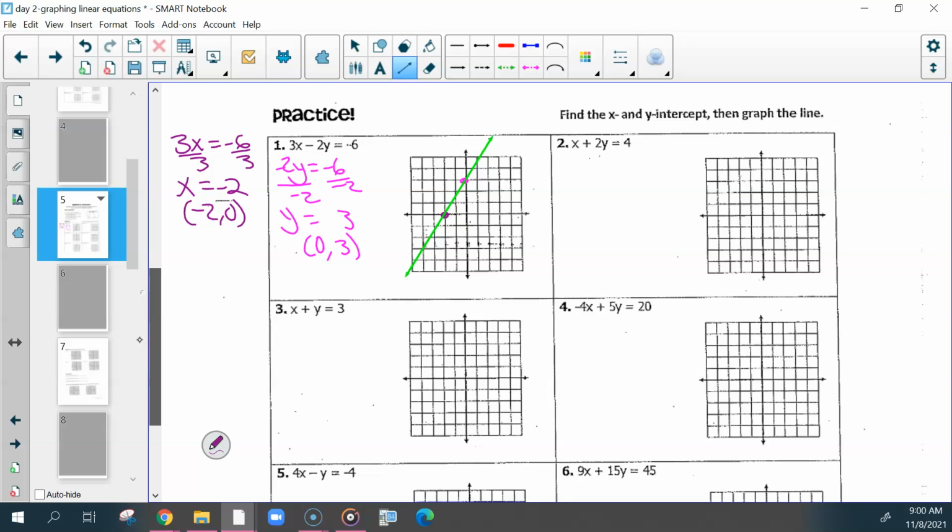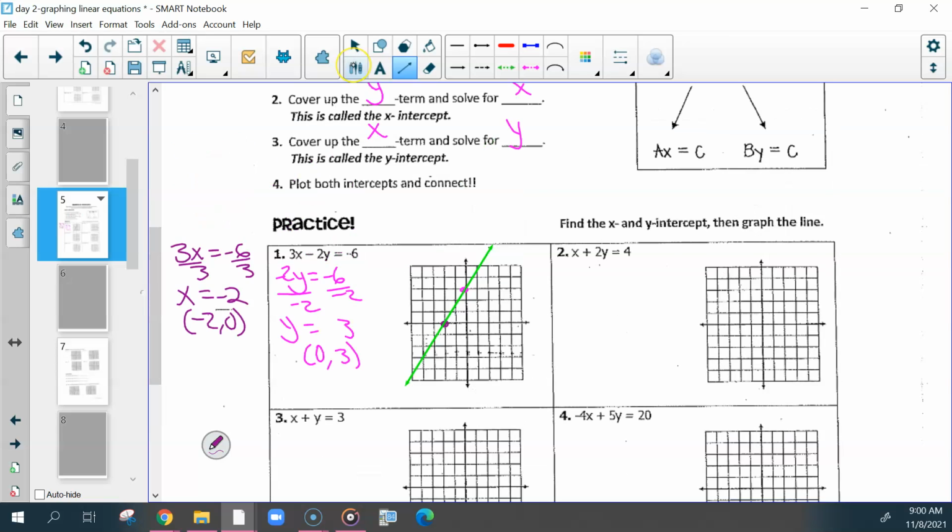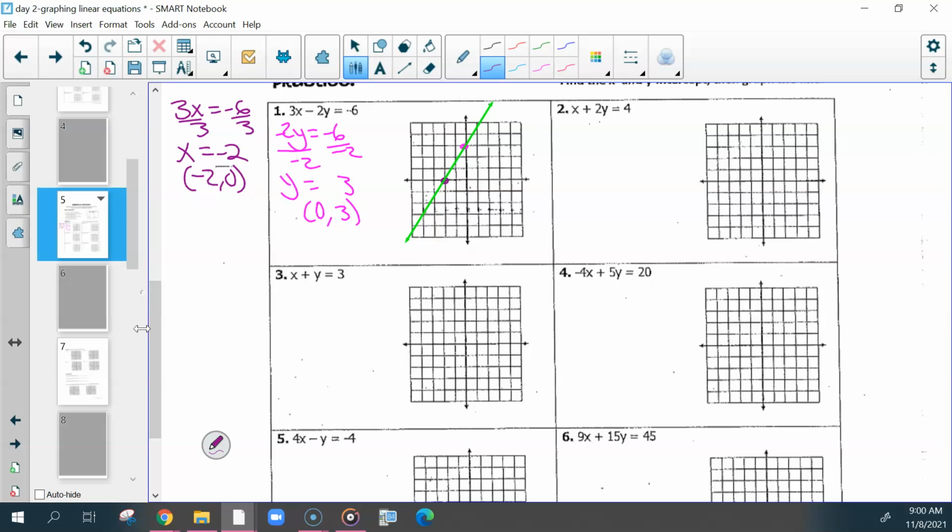For number 3, when I cover up one term and set it equal, there's nothing in front of the x or the y, so what happens is this just becomes x equals 3, or the ordered pair 3, 0.